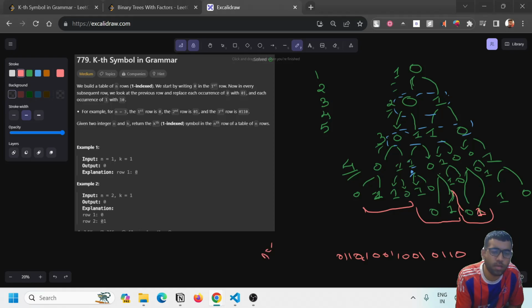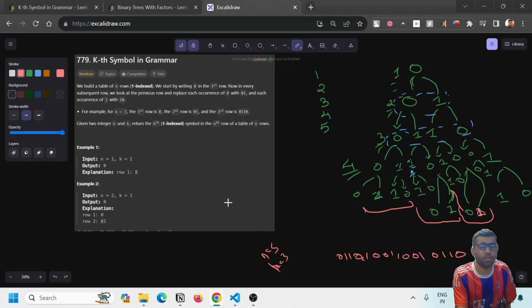So we want to return, with n equals 5 and k equals 3, the k-th symbol in the nth row of n rows. There are 5 rows, and from the fifth row we have to return the third symbol.